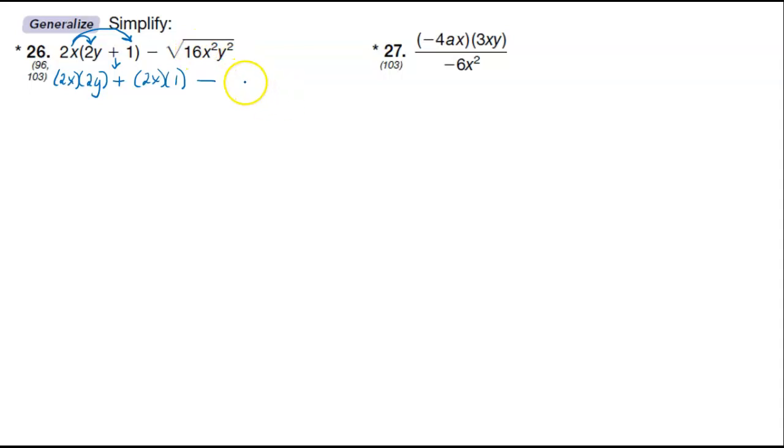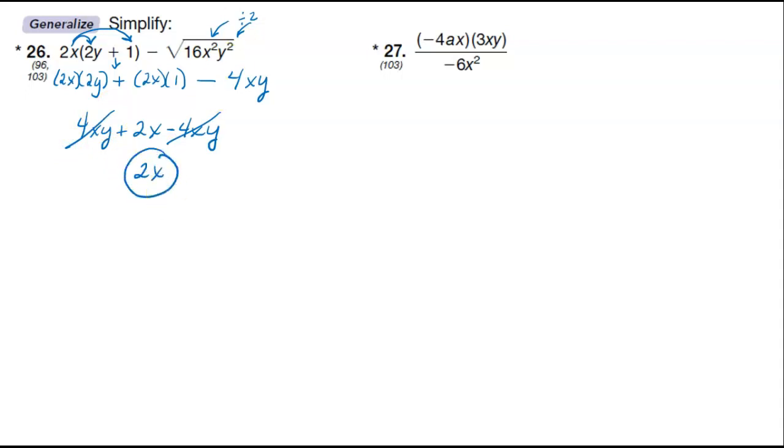So the square root of 16 is 4, and then remember to do the square root of these, I divide the exponent by 2. So 2 over 2 is 1, and 2 over 2 is 1, so I have that. So let's see what we've got. 2 times 2 is 4xy plus 2x minus 4xy. So this and this are going to cancel, so my answer is 2x.